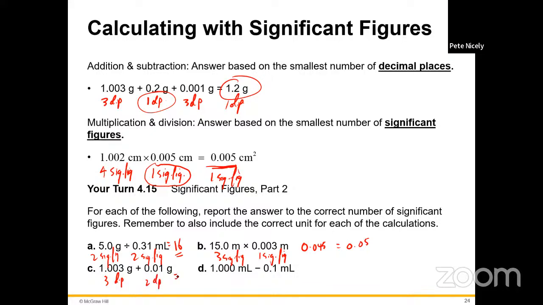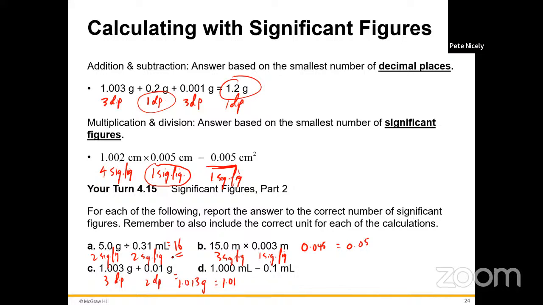So when I add 1.003 to 0.01, I get 1.013, right? So this is what I got on my calculator display, 1.013. So how do we round this off? To what extent do we round this off? 1.01. Exactly, so this will be 1.01.